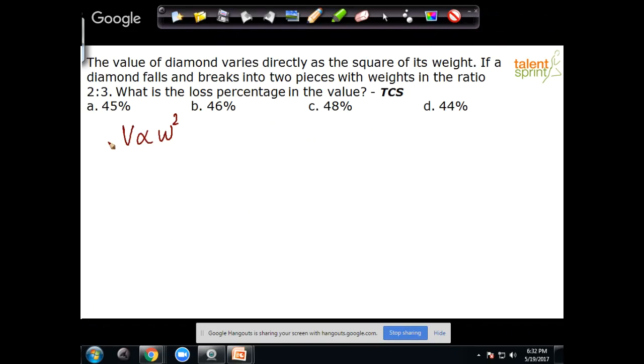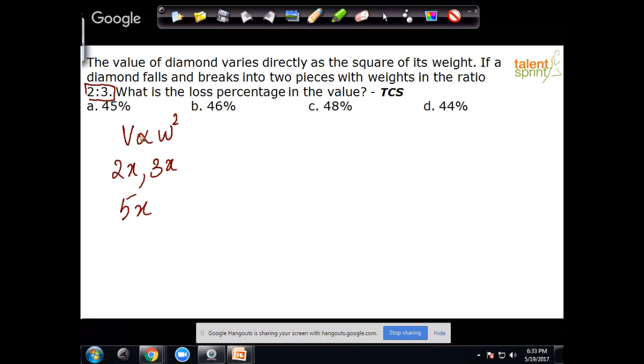See, the diamond is breaking and the new weights of the pieces are in the ratio 2:3. So now there are two pieces, right? 2x and 3x. I'm just taking it as 2x and 3x. What was the actual weight of the diamond? 2x plus 3x, right? First, it was one single piece of weight 5x. Now it has become two pieces of weight 2x and 3x.